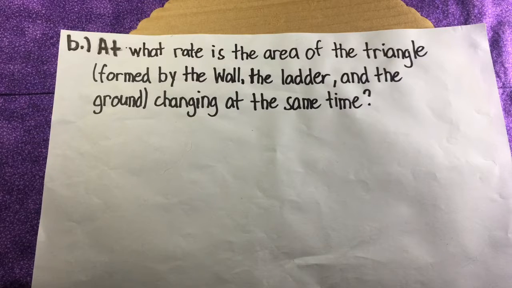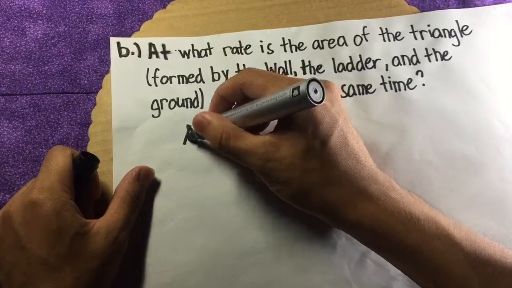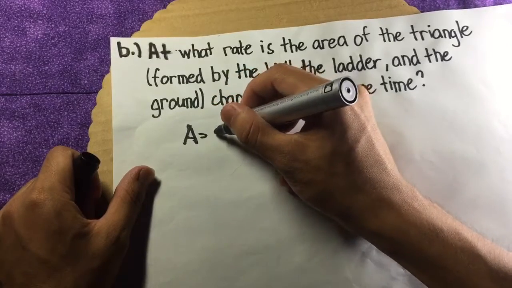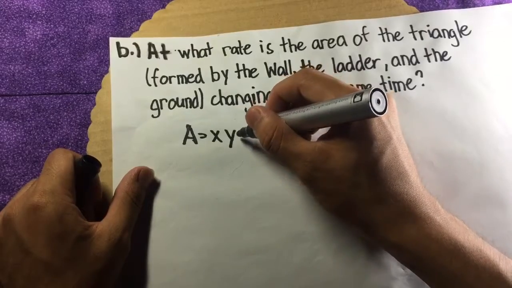We know the rates of change of the two sides, so the choice for a relation between what we know and the unknown is simple. It is area is equal to x times y over 2.